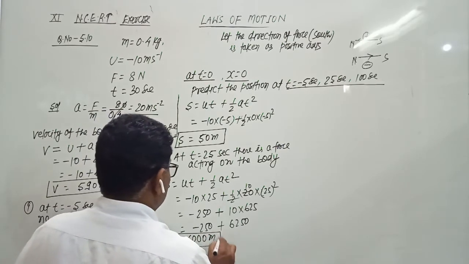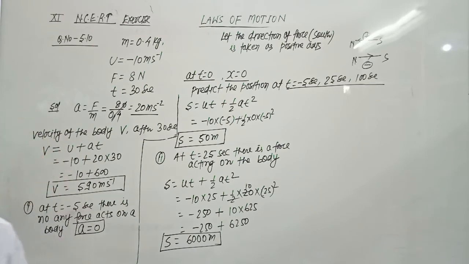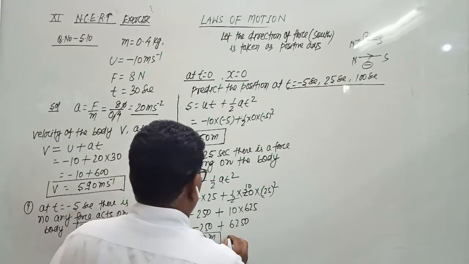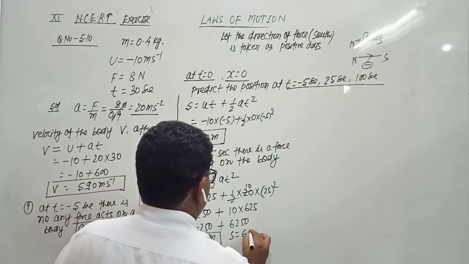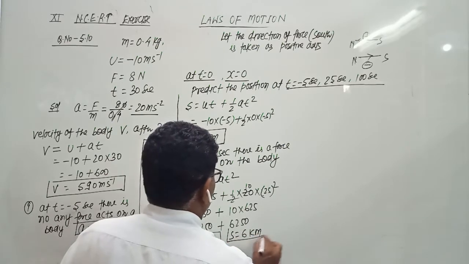So at time t equals 25 seconds, the position of the body is 6000 meters, which is also written as 6 kilometers.